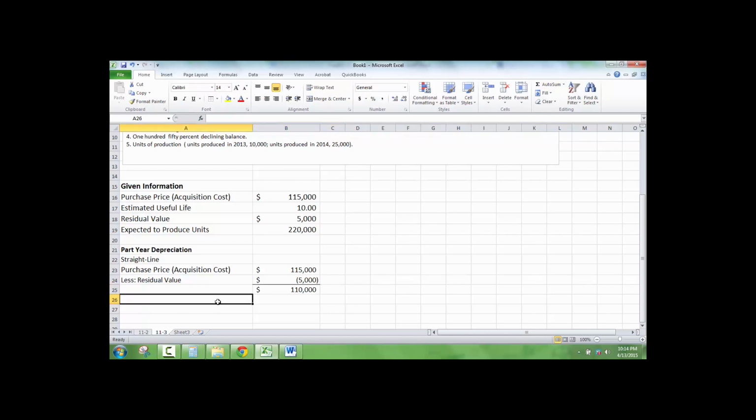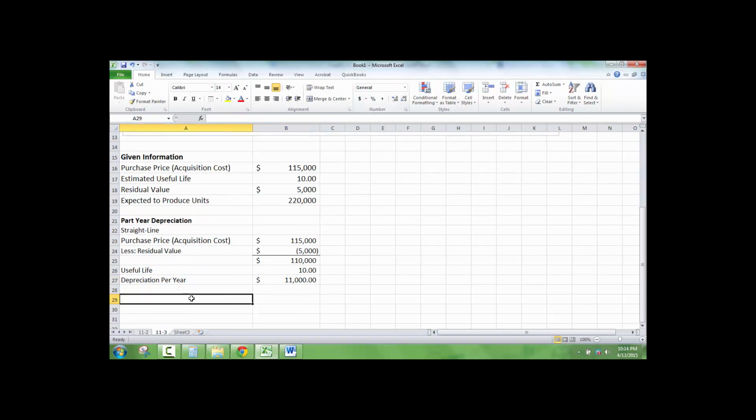So that's 110,000. Our useful life equals 10 years. So depreciation per year equals 110 divided by 10. That's per year. Calculate number of months as a fraction.